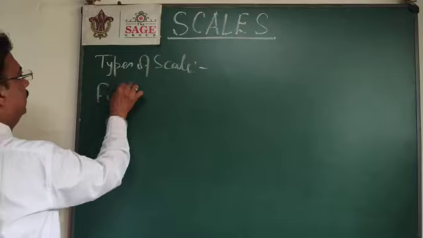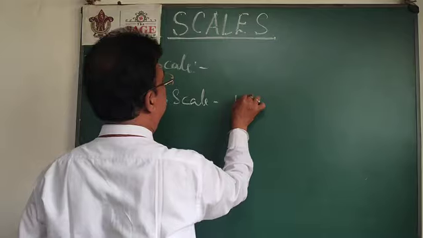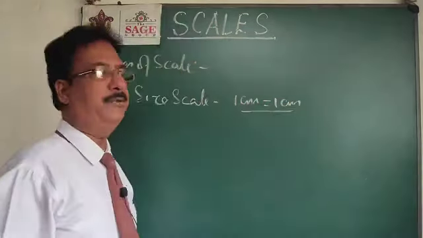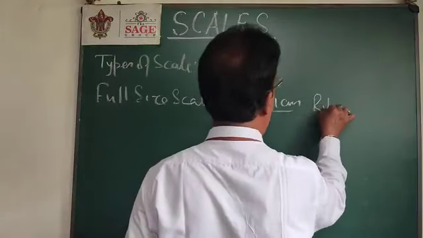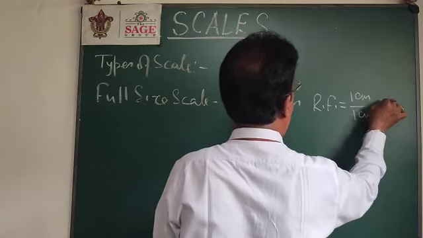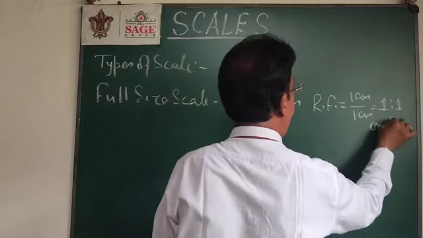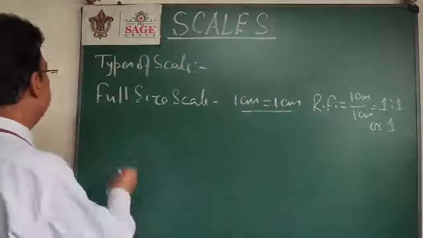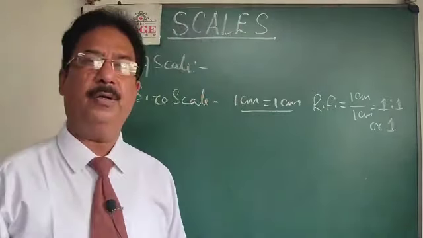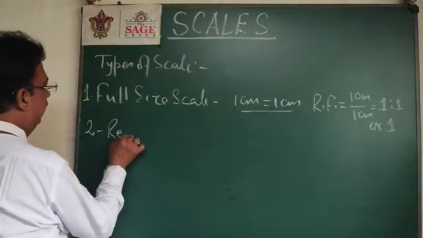For the full size scale, one example I have taken is 1 centimeter equals 1 centimeter. If I want to find the RF for this scale, then RF is 1 centimeter divided by 1 centimeter. The centimeter will cancel out, so that is 1:1, or you can say 1. So RF will be 1:1 for the full size scale. Second is our reducing scale, which we already discussed.